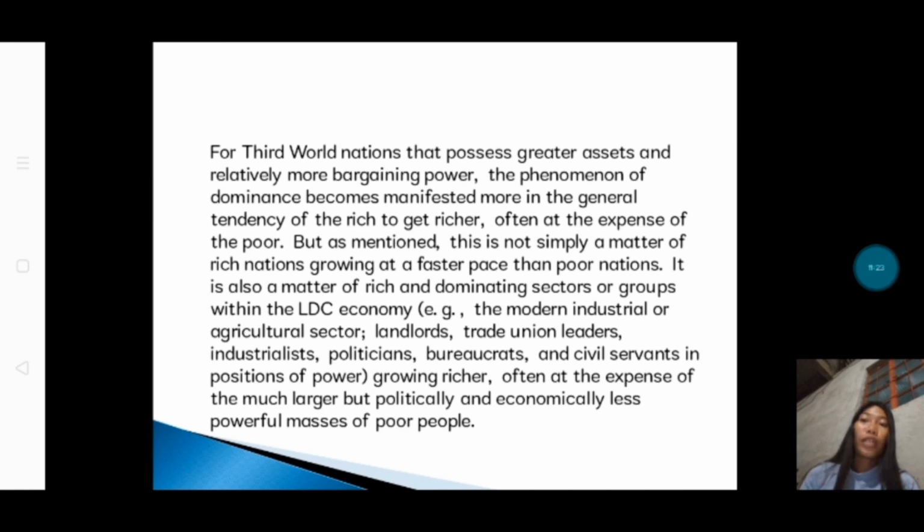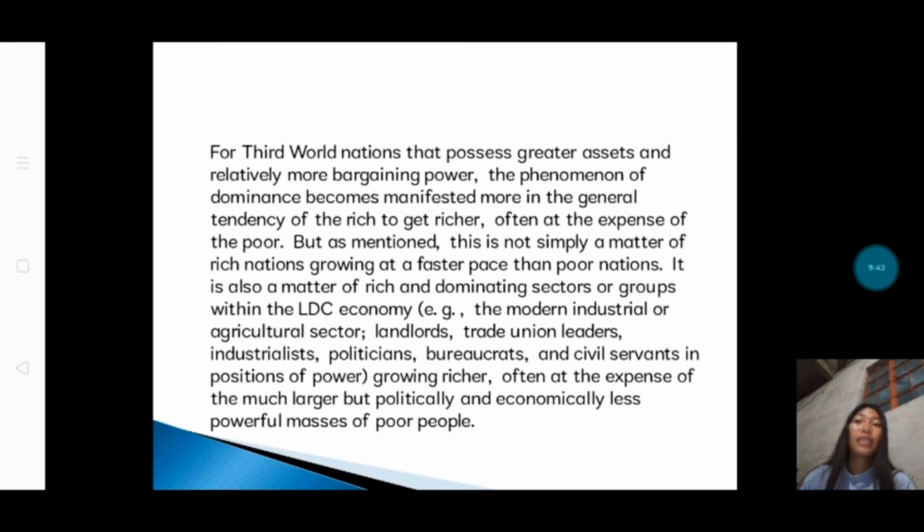For third world nations that possess greater assets and relatively more bargaining power, the phenomenon of dominance becomes manifested more in the general tendency of the rich to get richer, often at the expense of the poor.